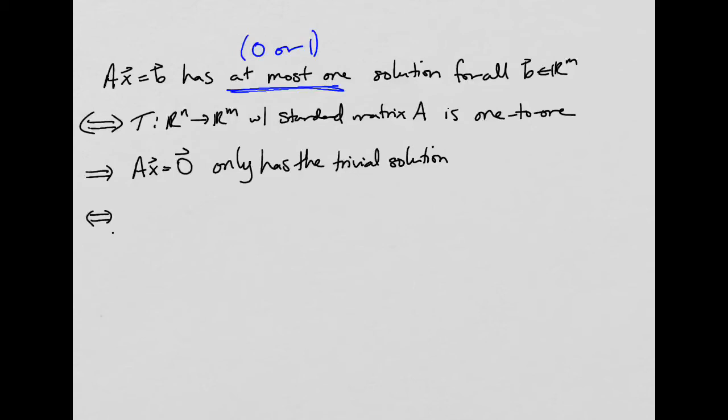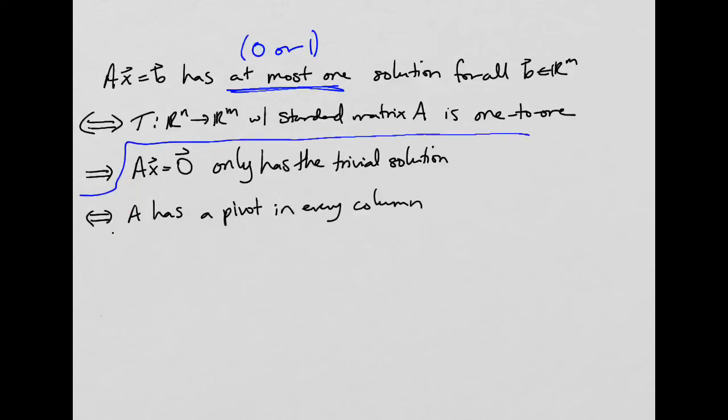So AX equals 0 only has a trivial solution if and only if A has a pivot in every column. So I claim that these two statements are equivalent. So let me box this off from the rest for the moment. Put that in blue. So this statement is equivalent to this statement.